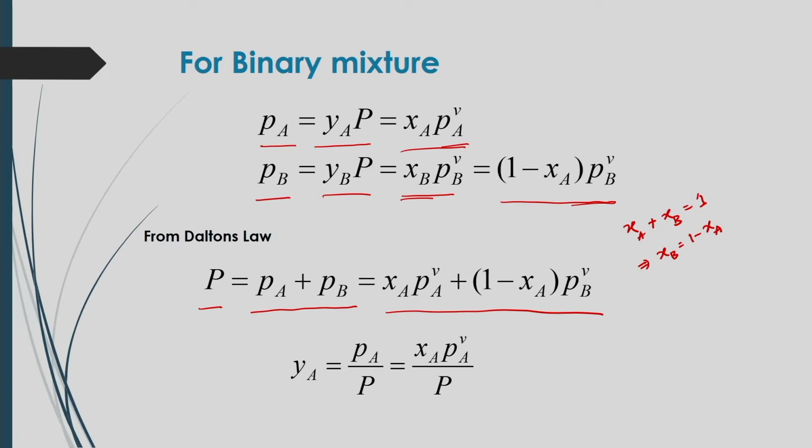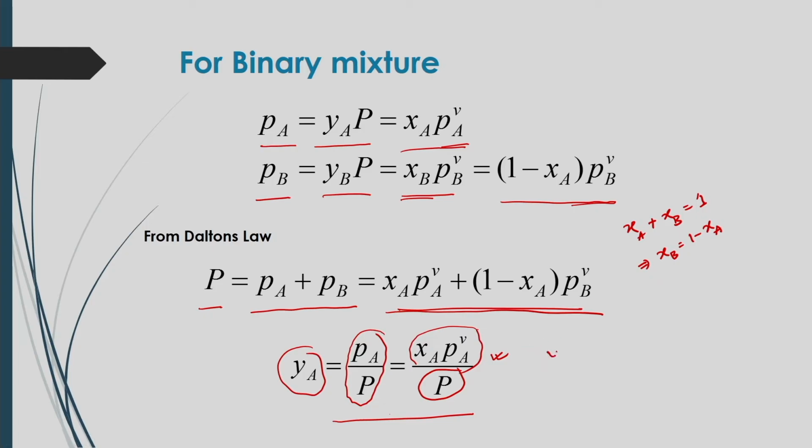From this we can express the mole fraction of A in the vapor, which can be calculated as Ya equal to Xa PAV by P. So P can be calculated from this equation, and then the mole fraction of A can be calculated. Once you know the vapor pressure of the component, the mole fraction of component A in the liquid, and the total pressure, you can easily calculate the mole fraction of A.